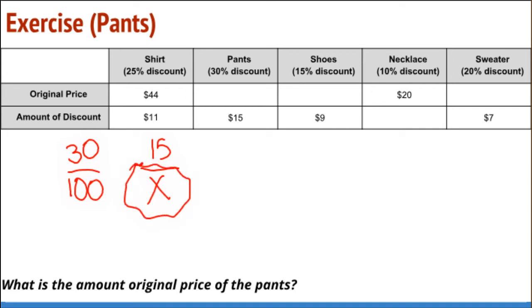So I need to think about the strategies that I have that would help me find that whole amount. Well, looking at scaling here, I see that the percent has scaled to 15. It has divided by 2. And that means this divides by 2, and that tells me that it's $50.